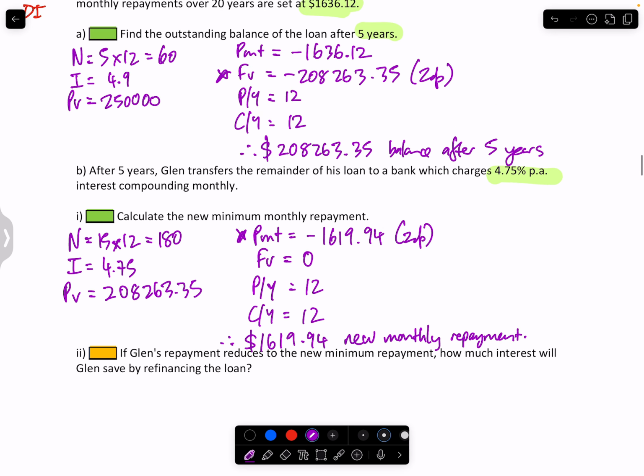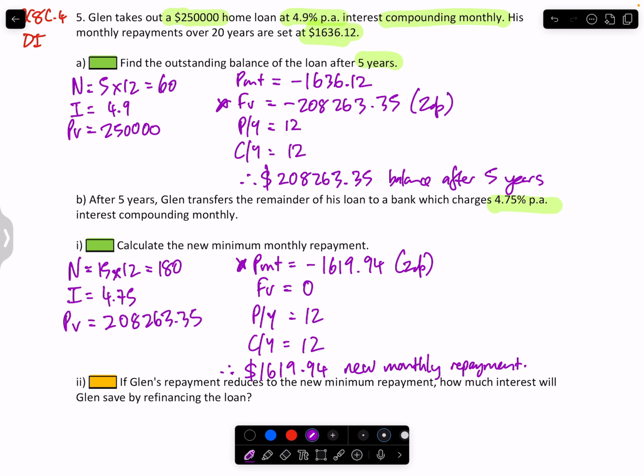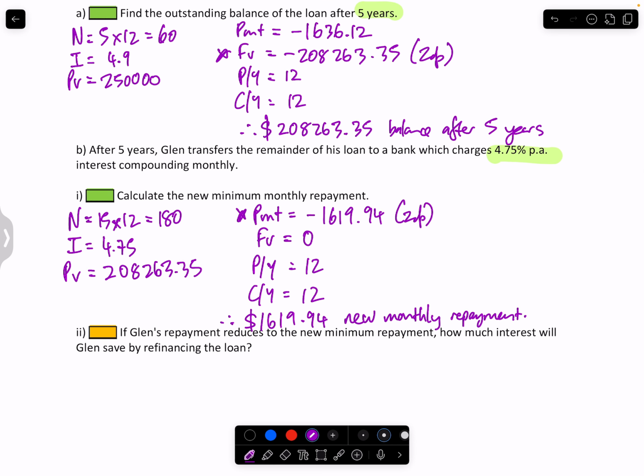Okay, to work out the interest saved, we need to work out how much interest was paid on this loan. So the first 5 years is going to be 60 payments of $1,636.12, take away 250,000, take away 208,263.35 equals.